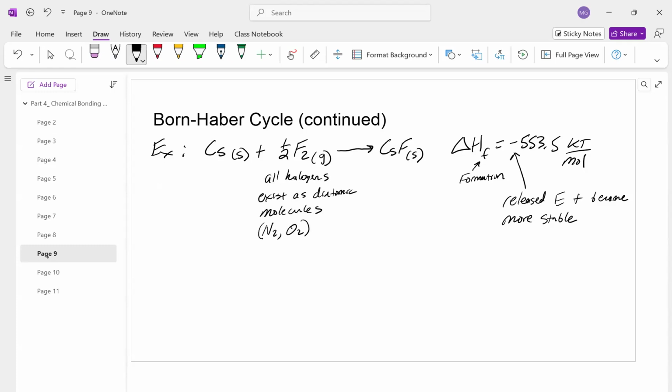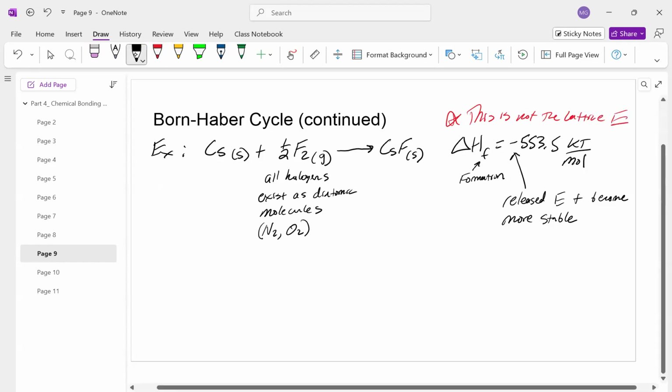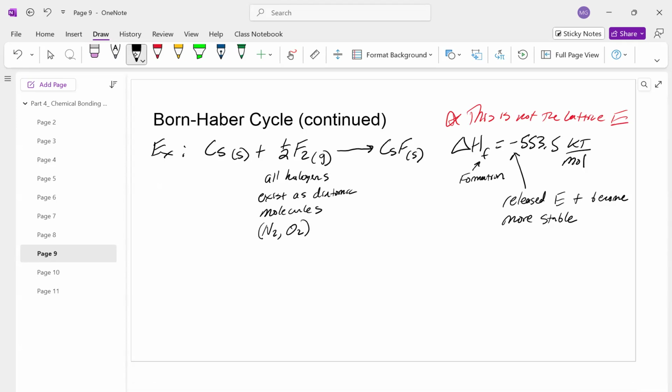Now, I do want to highlight that this value is not the lattice energy. We are going to use that delta HF to find the lattice energy.